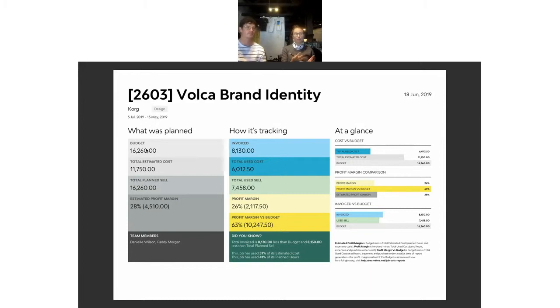But this profit margin is only realized if the budget is invoiced. So every time you generate a JCR, the profit margin versus budget will change if you have something changed within the job. So you've got estimated profit margin, you've got profit margin versus budget, and you've got an actual profit margin. Those three you can compare and understand how your job is tracking anytime you generate a JCR.